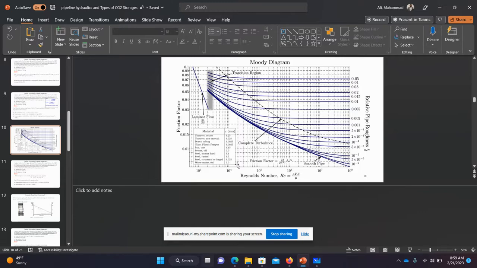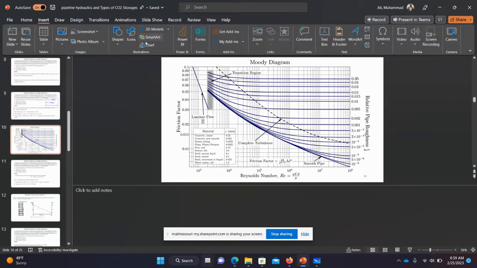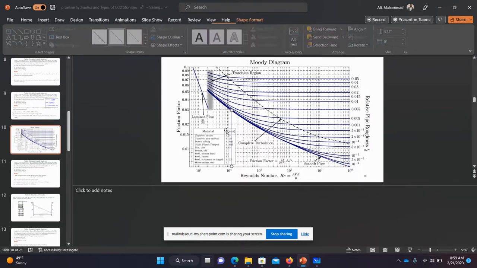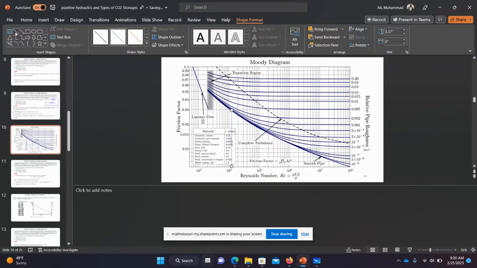It's somewhere between here. So this is the 13,000. We go ahead here, and I put the line somewhere between here, and then I put another one.